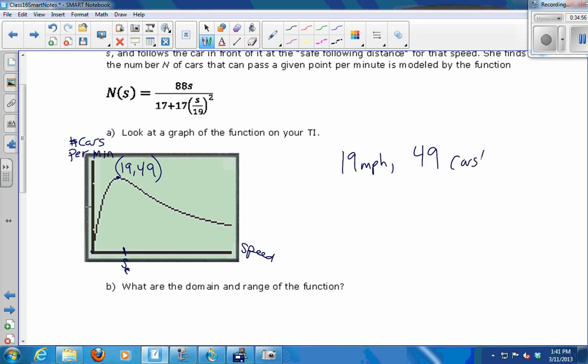Cars per minute. So we know that the maximum number of cars per minute that can pass is 49. It happens when speed is 19 miles per hour. So units can really help you when you're doing questions that ask you to interpret things. Always write down the units and it will just make everything clear.